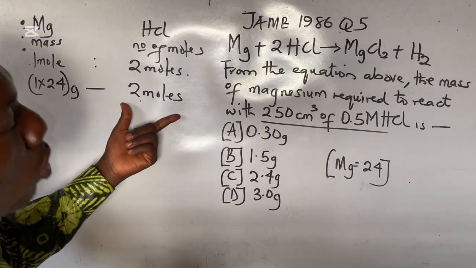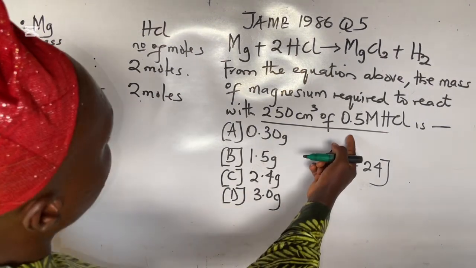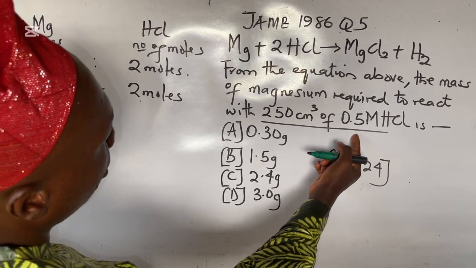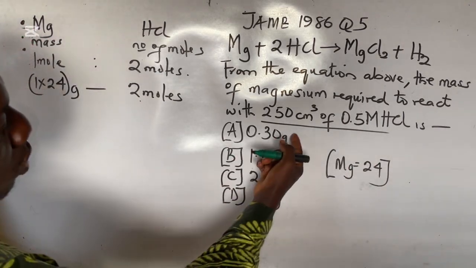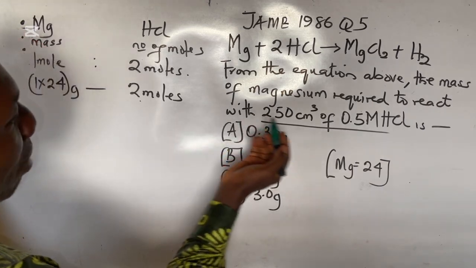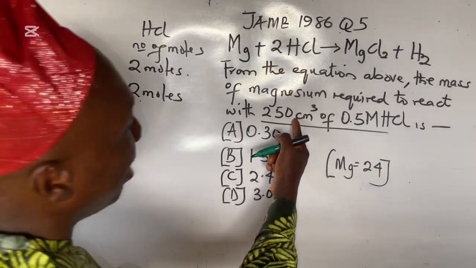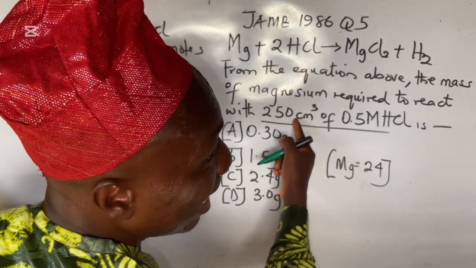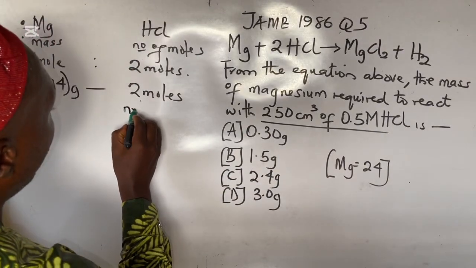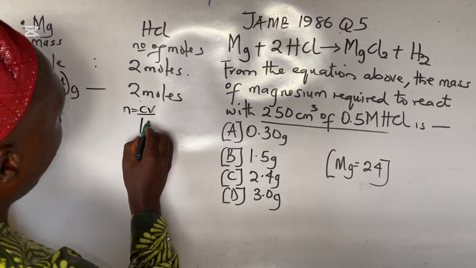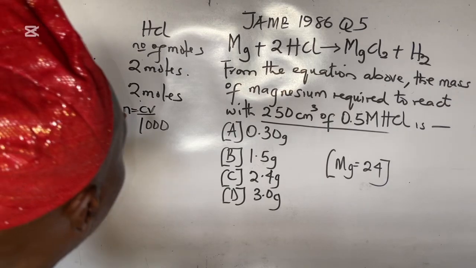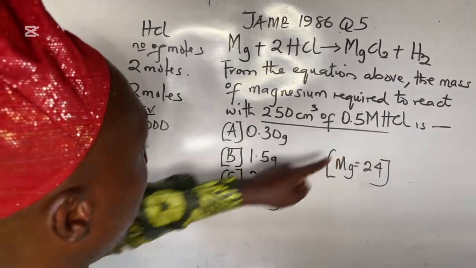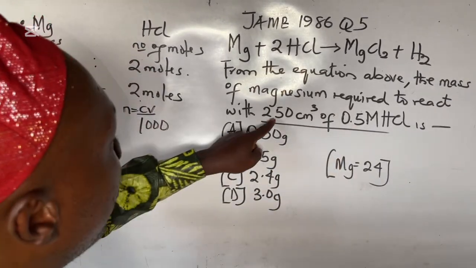If we look at hydrochloric acid, we are given the number of moles in concentration. I tell my students, if you are given these two parameters, and the volume is in cm³, you say number of moles is CV over 1000, where C is the concentration or molarity and V is the volume.